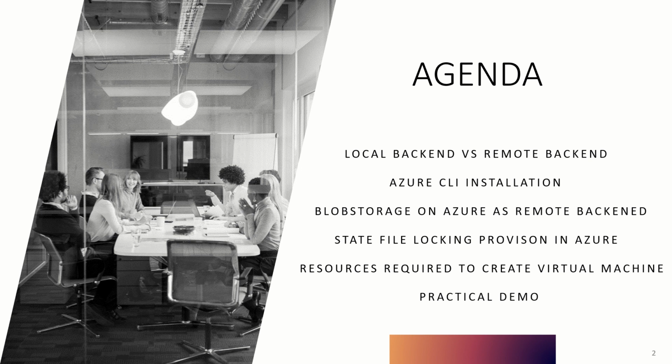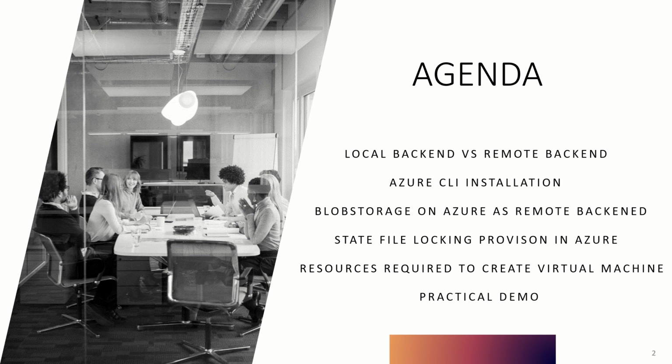Yes, it also gets locked when we store it on Azure. But if we do it for AWS cloud, AWS doesn't provide any such provision to make a lock on the state file during operation. That's why we need to create a DynamoDB table over there and store the lock there. But in case of Azure, we don't need to do it. It is in the functionality by default and it will do it by itself.